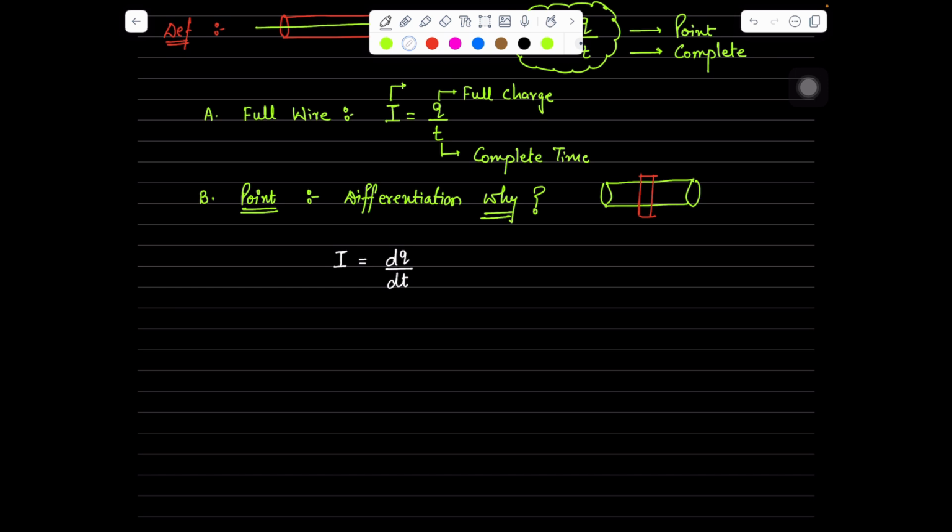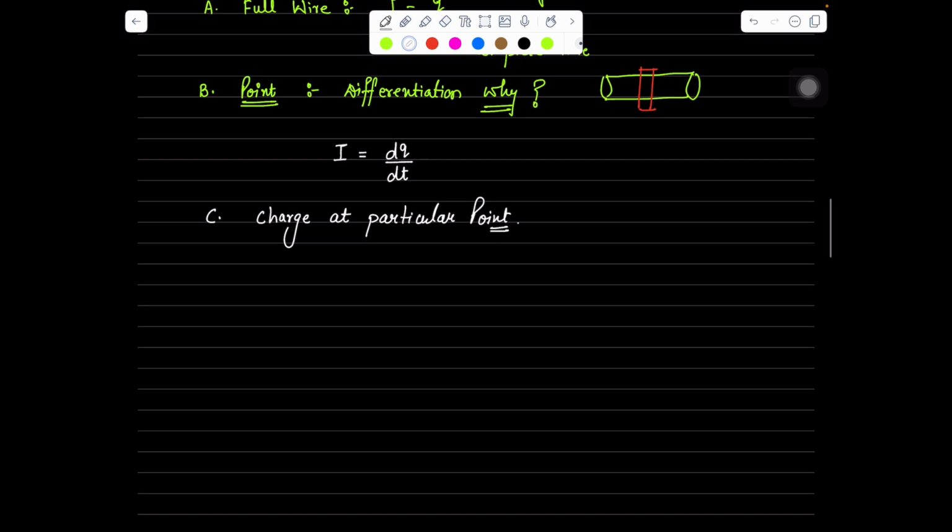The major point is if you need to find the charge at a particular point. Now you have a current and you need to find the charge. In that case, I = dq over dt. Now take this dt to the other side, so dq = I dt.